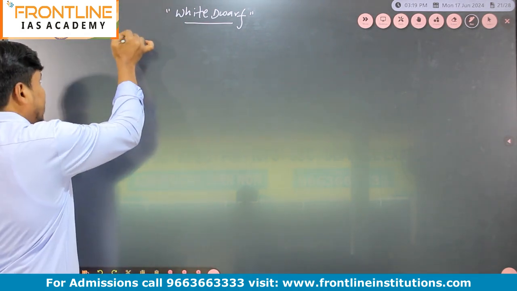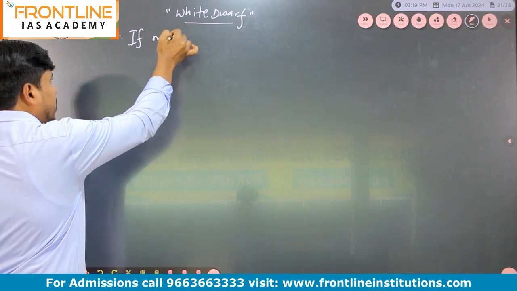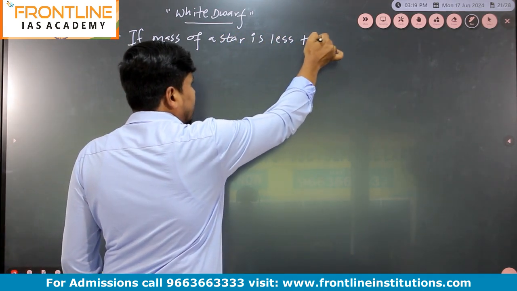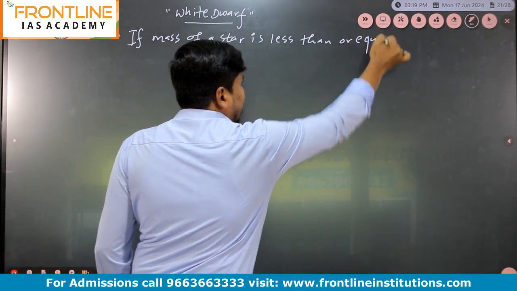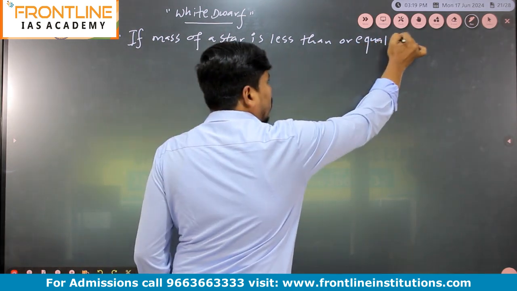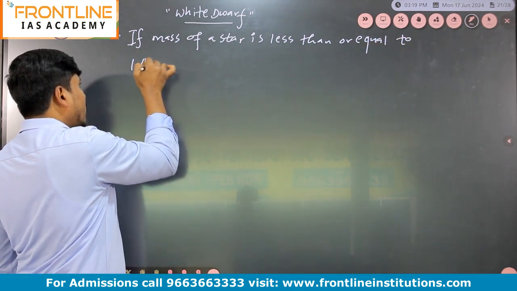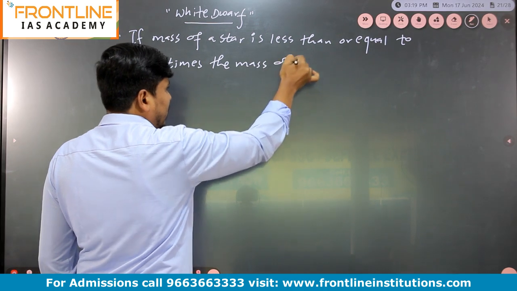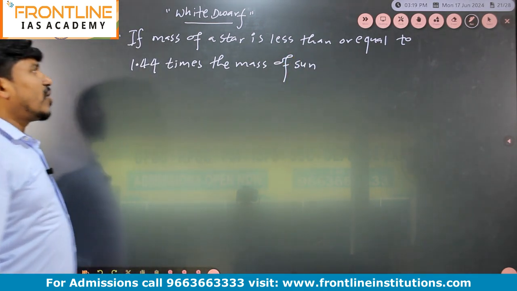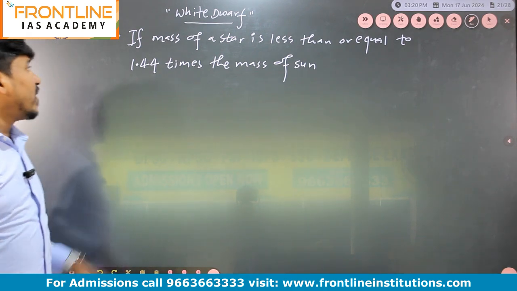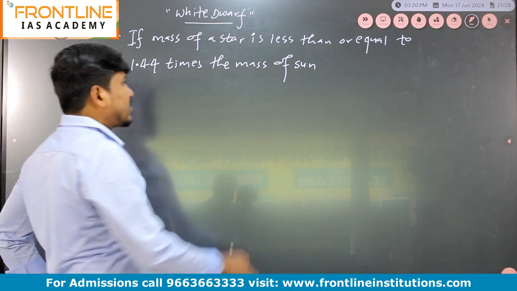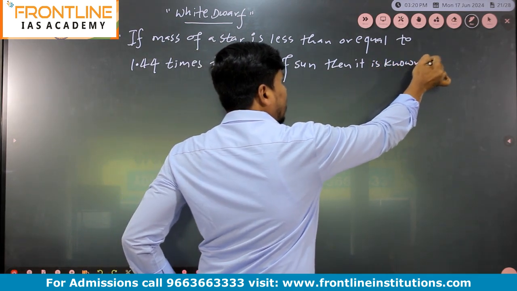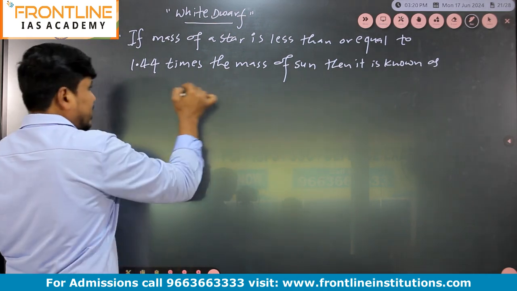Just listen: if the mass of a star is less than or equal to 1.44 times the mass of the sun, then it is known as a white dwarf.